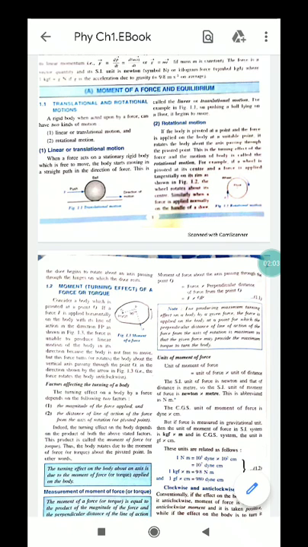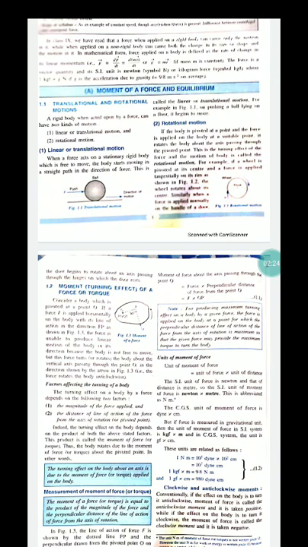And here the formula for moment of force: moment of force about point O equals force times the perpendicular distance between the line of action of force and the axis of rotation. For producing the maximum turning effect, the given force should be applied at the farthest point from the axis of rotation.